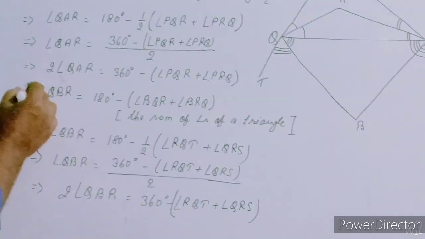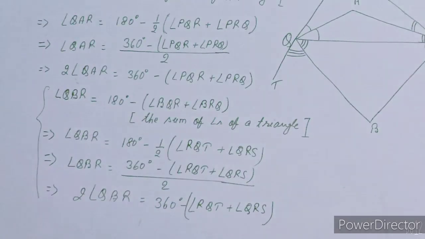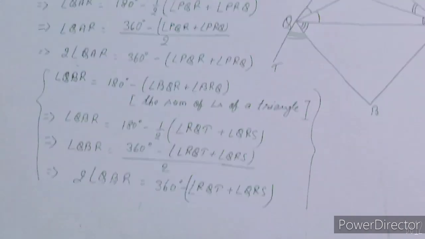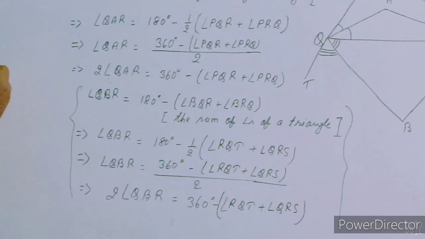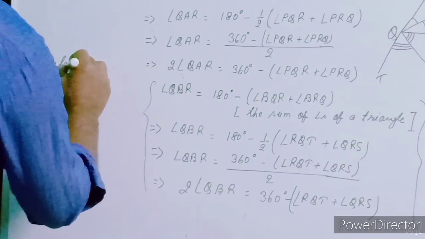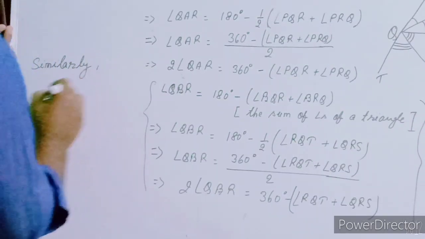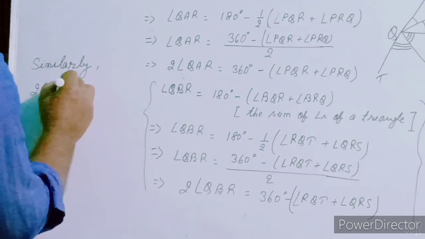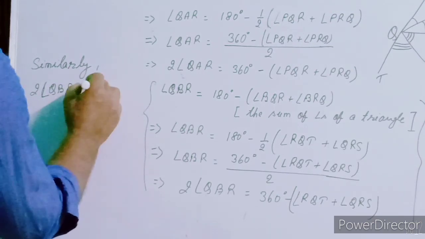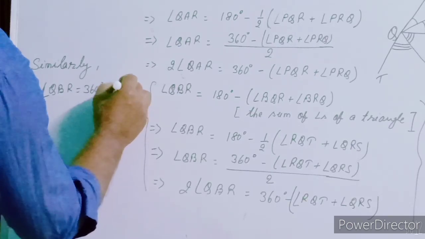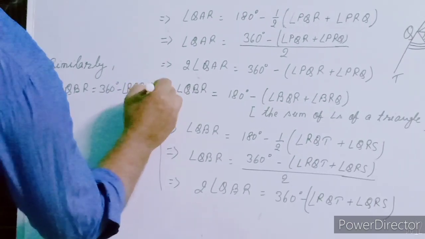At this place, I want to say one thing. Without writing all these steps, we can write only one step, that is followed as similarly, twice of angle QBR equal to 360 degree minus angle RQT plus angle QRS.